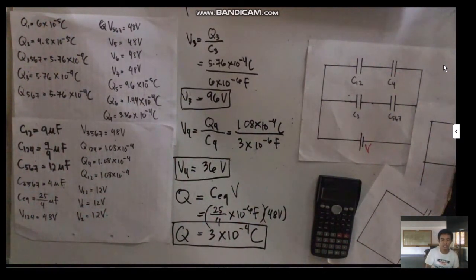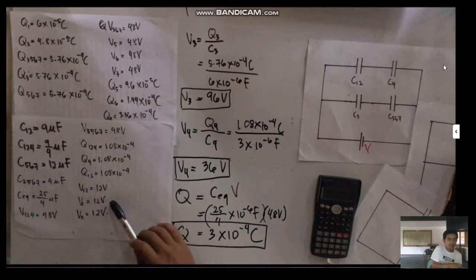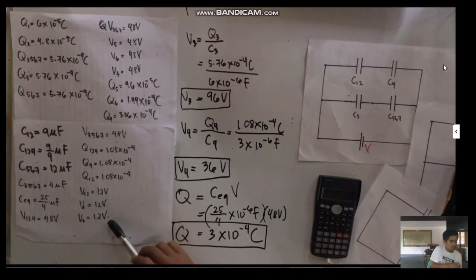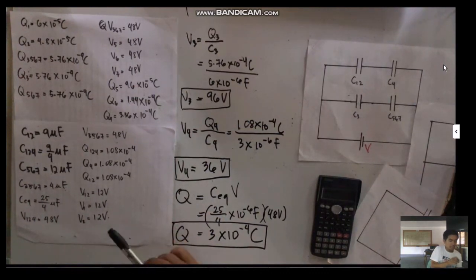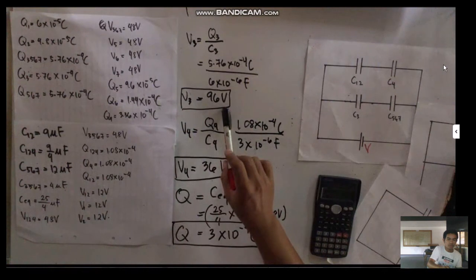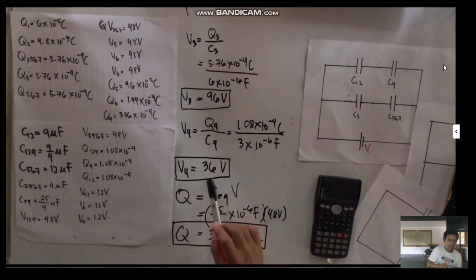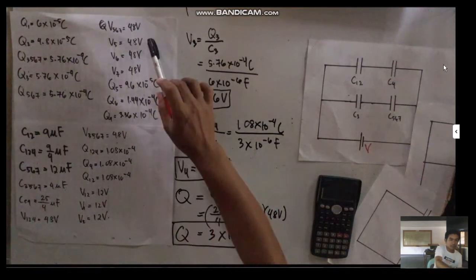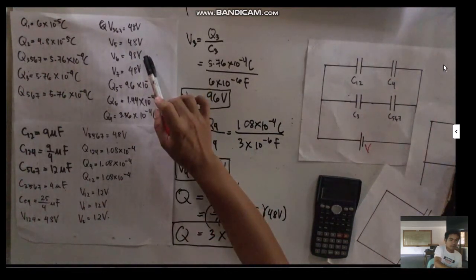Next is the voltage across each capacitor. We start at V1, 12 volts. V2, 12 volts. V3, 96 volts. V4, 36 volts. Then V5, 48 volts. V6, 48 volts.